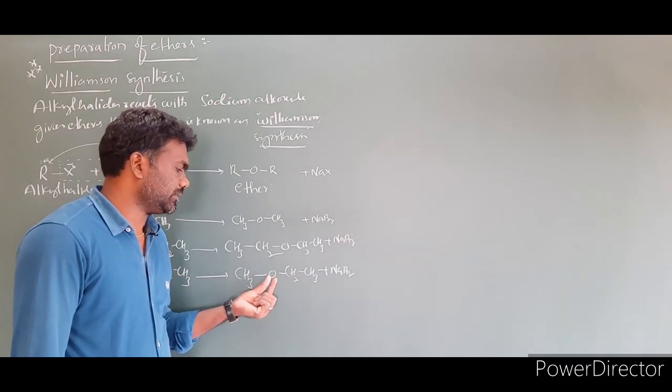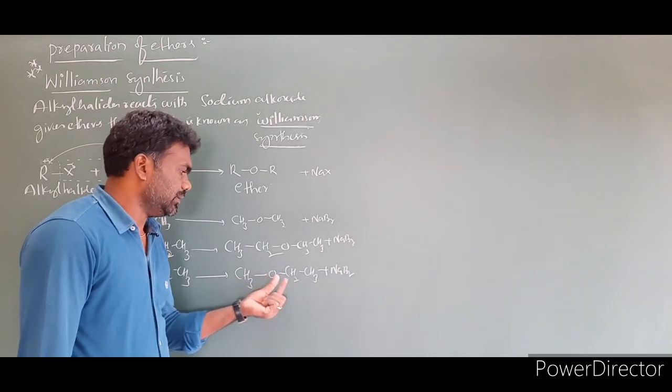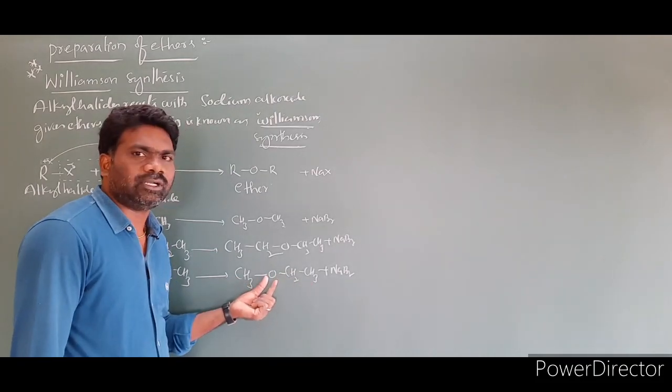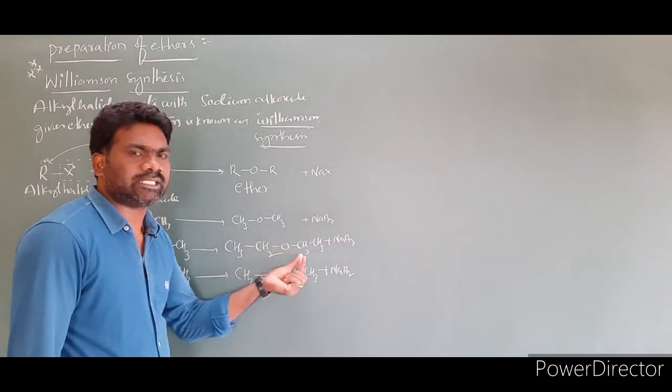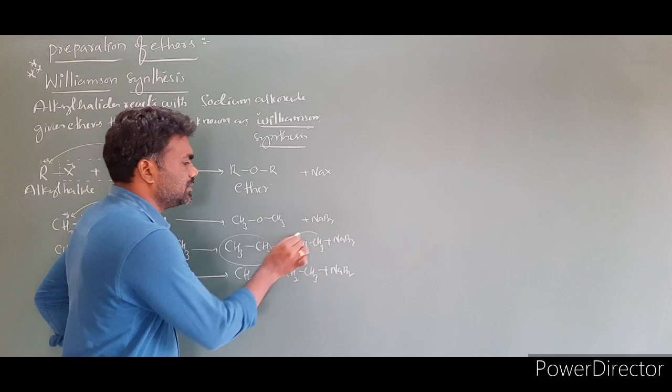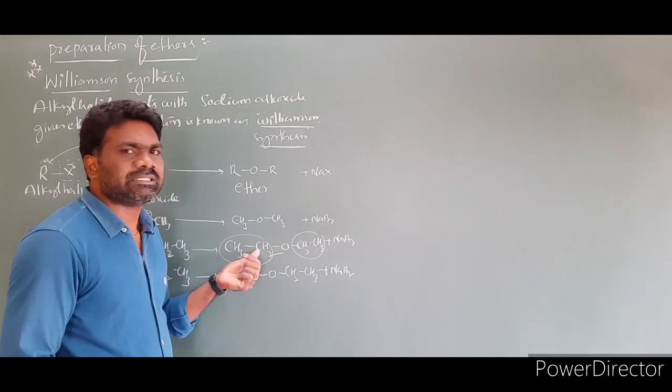How do I identify it? In the unsymmetrical case, the alkyl groups attached to the oxygen are different on both sides. Here, the alkyl groups attached to the oxygen are both the same: this is ethyl, this is also ethyl, so it is a symmetrical ether.